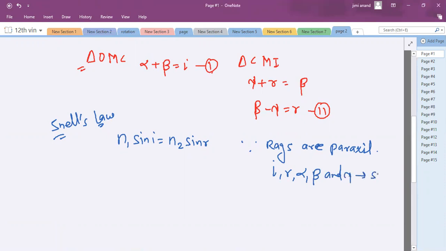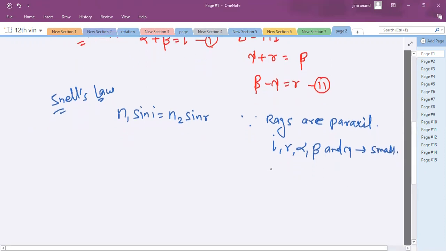We know from trigonometry that if the angle is small, then sin theta is written as theta, tan theta is written as theta, and cos theta is written as 1. Since the angle is small, sin i is i, and sin r is approximately r.